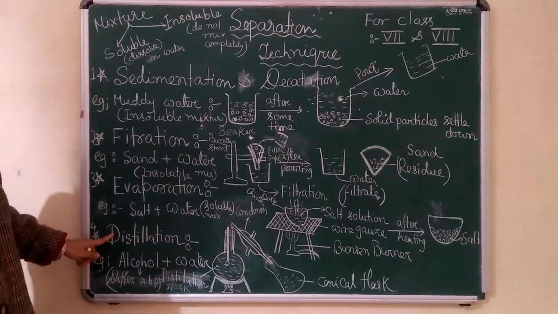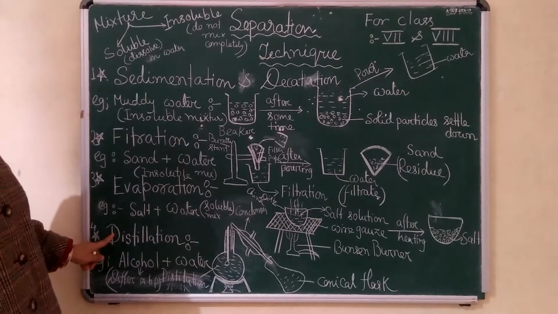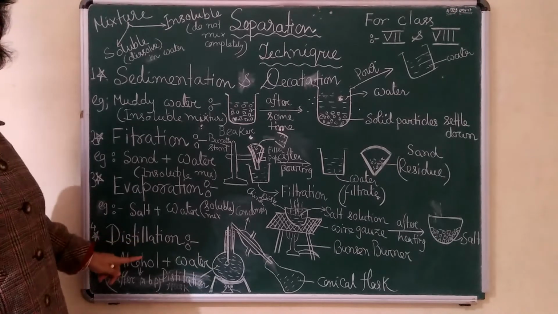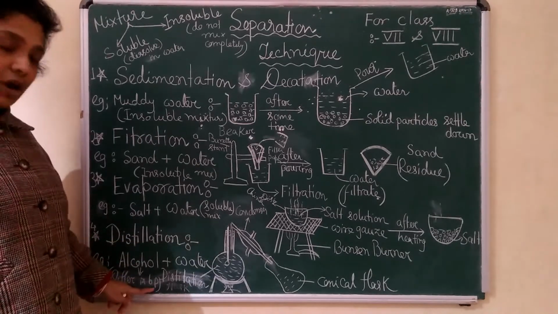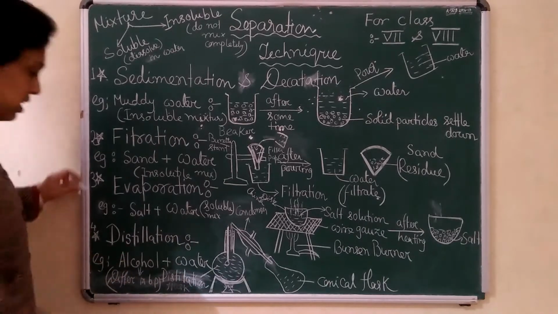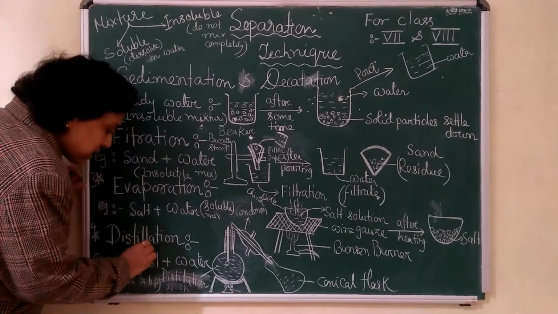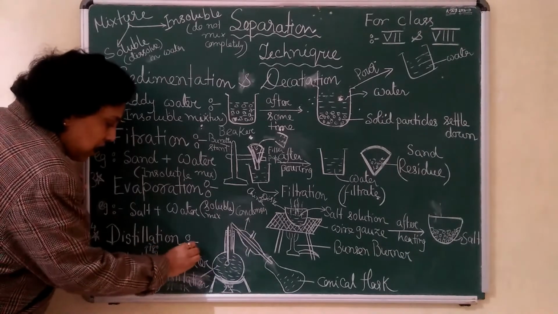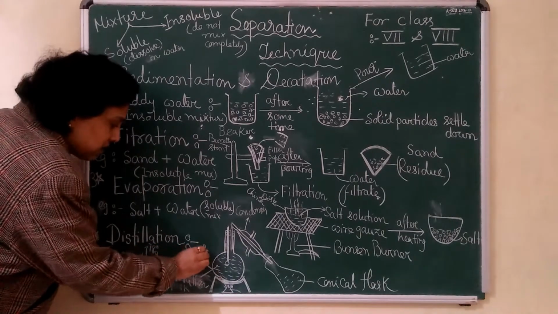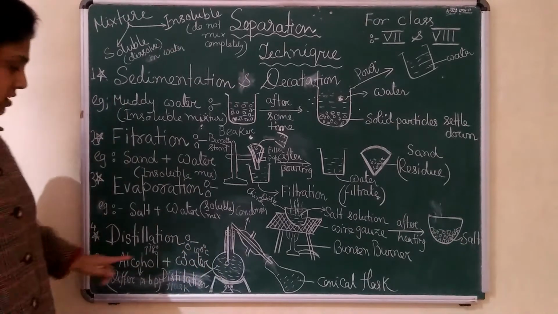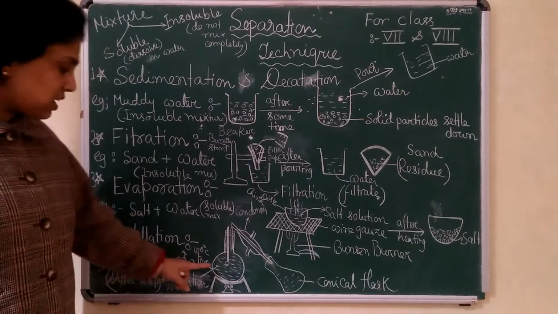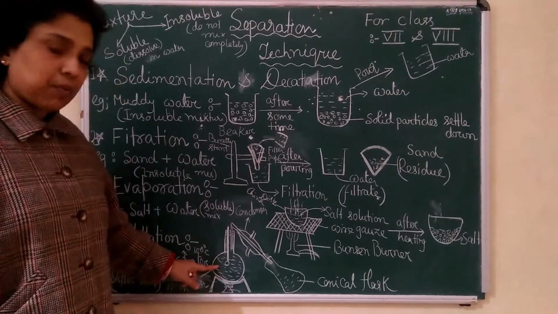Distillation is the process for a liquid mixture where there is a difference in boiling point. Alcohol's boiling point is 78 degrees Celsius and water's boiling point, all of you know, is 100 degrees Celsius. So there is a difference in boiling point. What will happen when you take the mixture here?